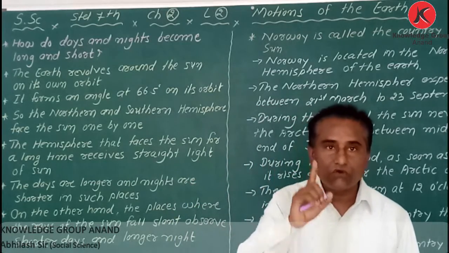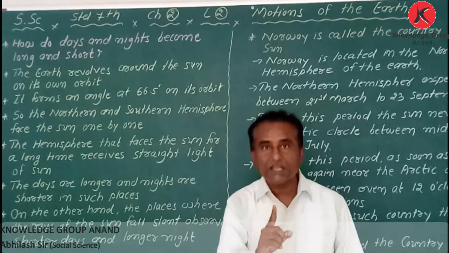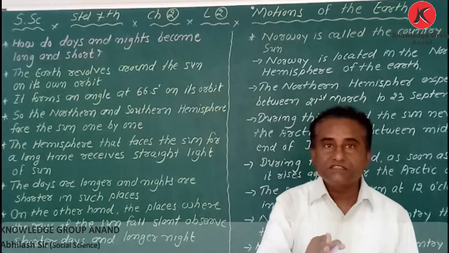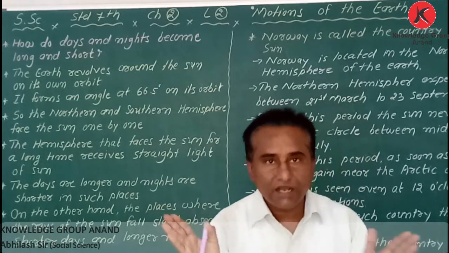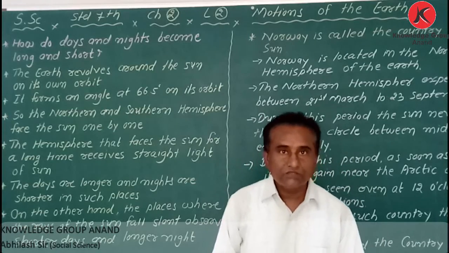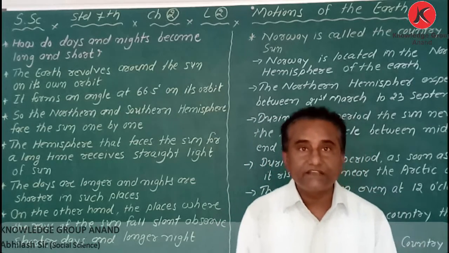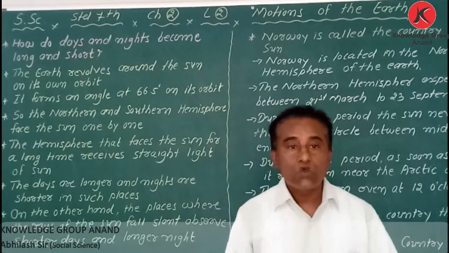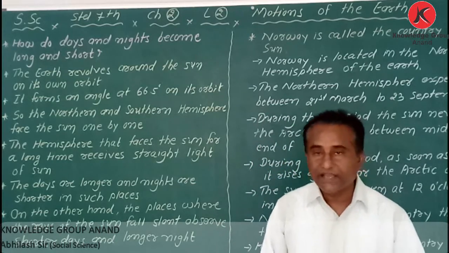Suppose the sun rays fall straight over the northern hemisphere, it means in the northern hemisphere days are longer and nights are shorter. At the same time, the southern hemisphere has slanting rays, so they have winter season, short days and long nights.